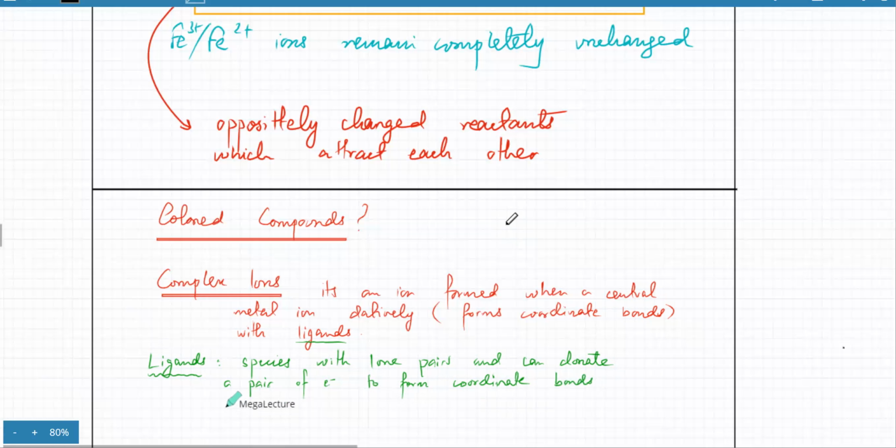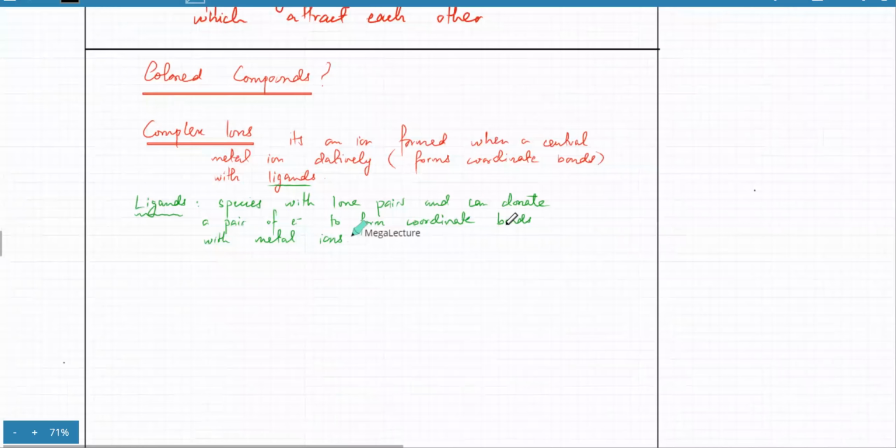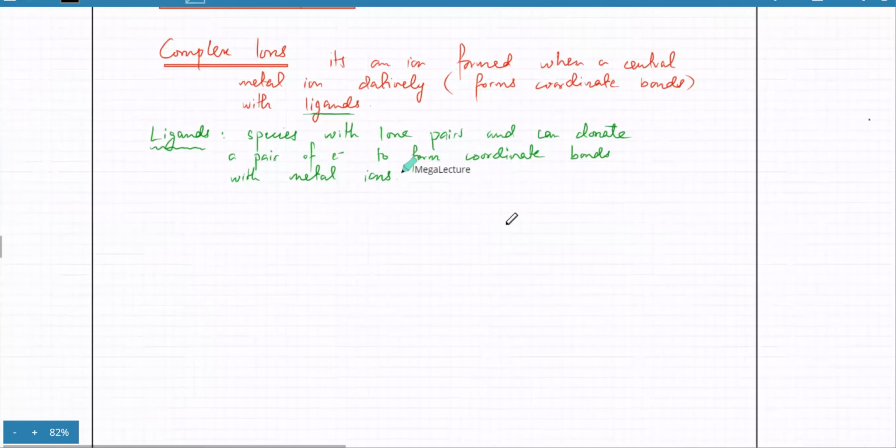Both things, complex ions and ligands, we're going to talk about in a lot more detail.